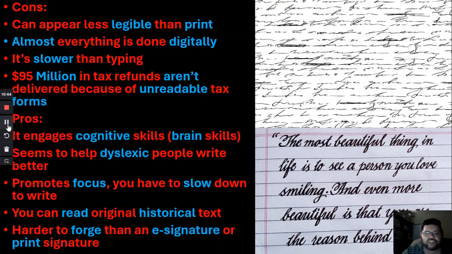To do an e-signature, you're going to save a bunch of time, but the risk of your signature, when it's done in print or as an e-signature, being forged is extremely high, really high. But when you sign in cursive, it's harder for people to counterfeit, because they too have to focus on writing in cursive.